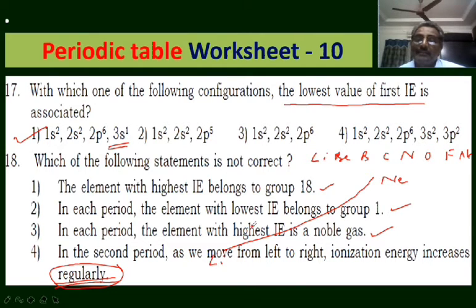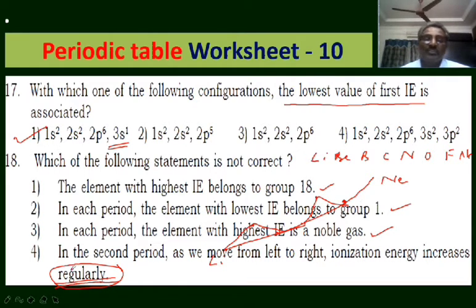Then at boron the ionization energy decreases, and again at carbon ionization energy increases, and at nitrogen there is an abnormal increase in the ionization energy. The ionization energy of nitrogen is more than that of oxygen, and neon's ionization energy is more. Instead of following this regular trend, the ionization energy varies in this zigzag manner.